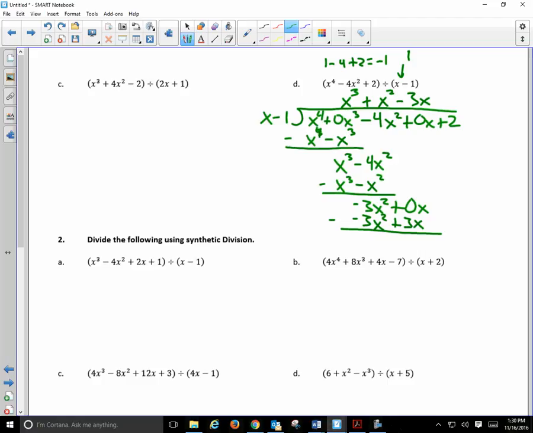I subtract. Negative 3x. Two minus 3, negative 1.